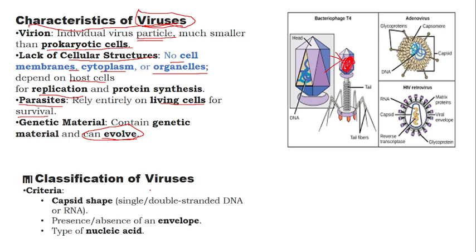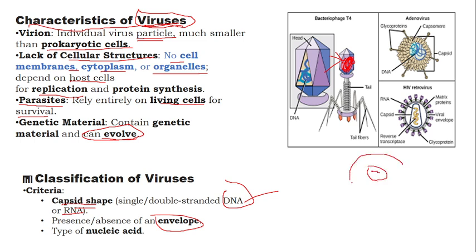So the classification of viruses is based on the capsid, either DNA or RNA. This means we can have RNA viruses and DNA viruses. We can also classify based on the envelope. We have seen that this is the capsid, and this one holds the genetic material.